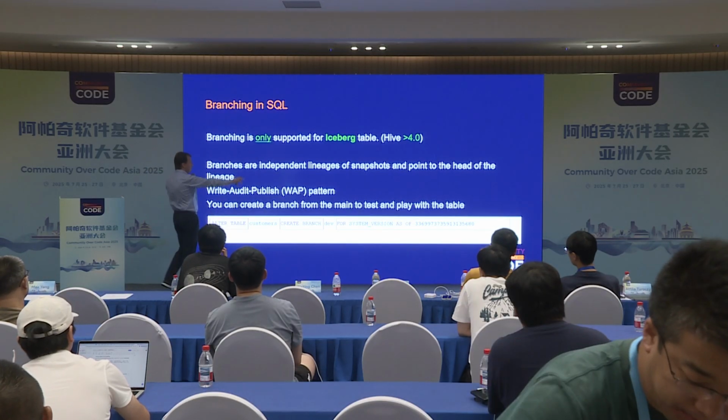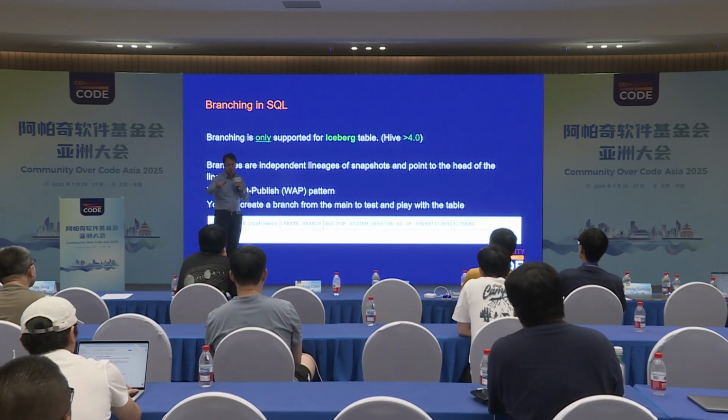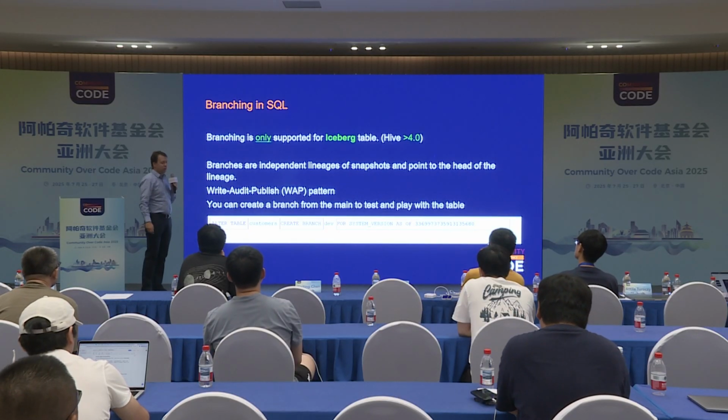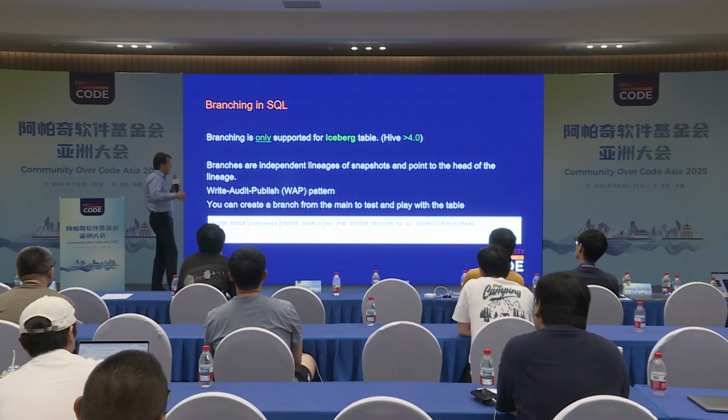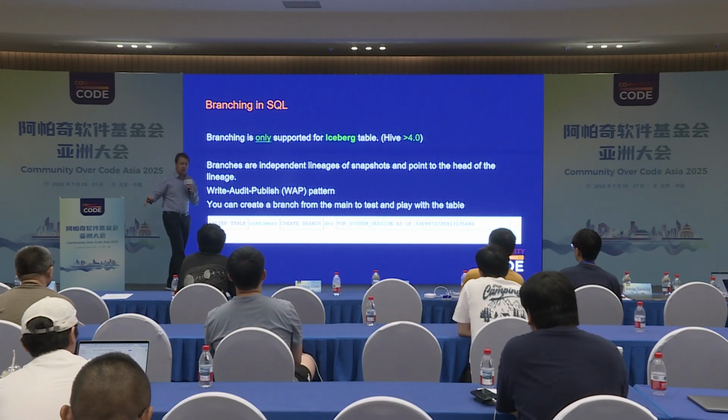So this is available in Iceberg and in Hive 4.0. Right now, soon it's coming out, today or maybe hopefully next week, 4.1. And branches are there, and you can already try it out and play with it.